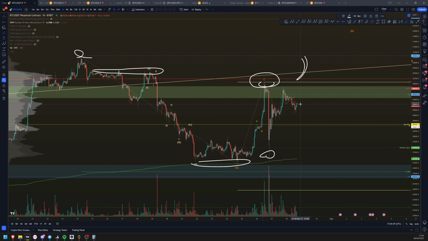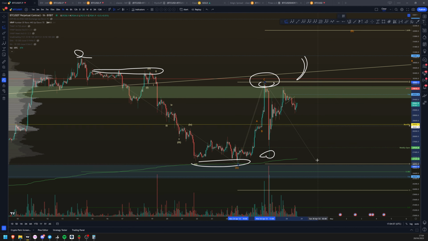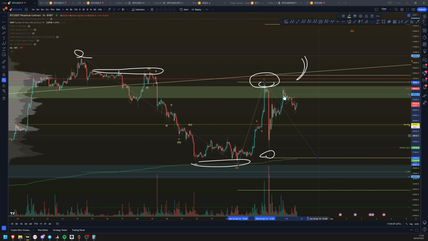Should we take that high? And should that still be a wave B? No, you can take the 1-1 extension, but at this point that's going to depend on where exactly the liquidity is, how much liquidation there will be.